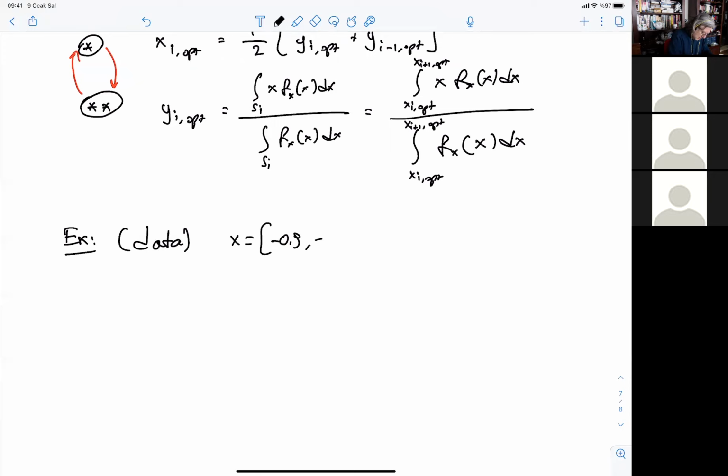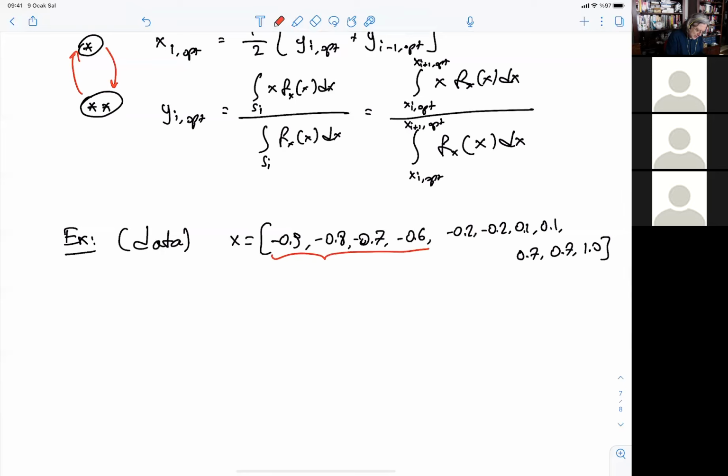Minus 0.8, minus 0.7, minus 0.6, minus 0.2, minus 0.2, 0.1, 0.1, then 0.7, 0.7 and 1.0. And I will design a 3-level quantizer because things look like they contain 3 clusters, as we see.